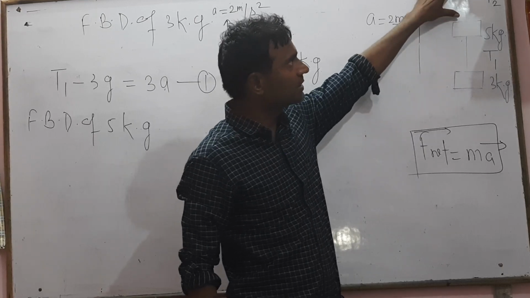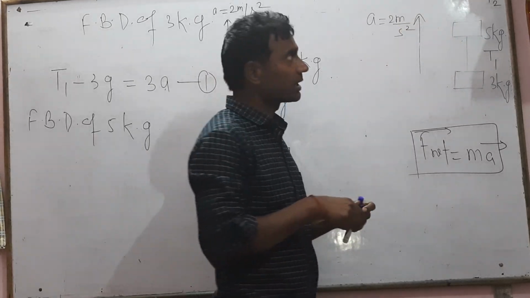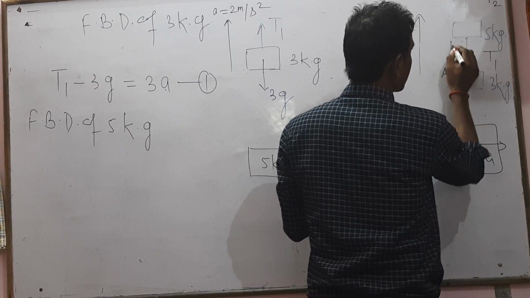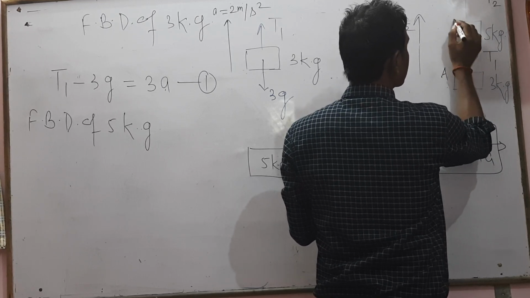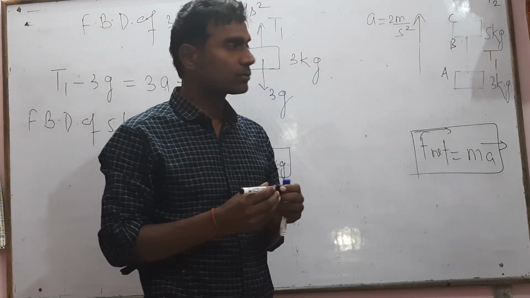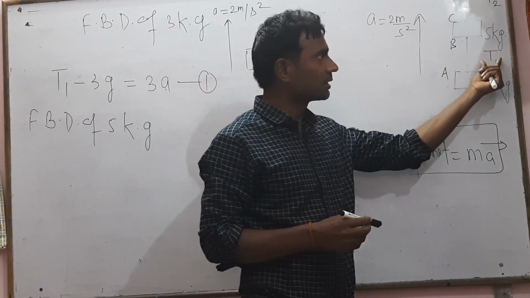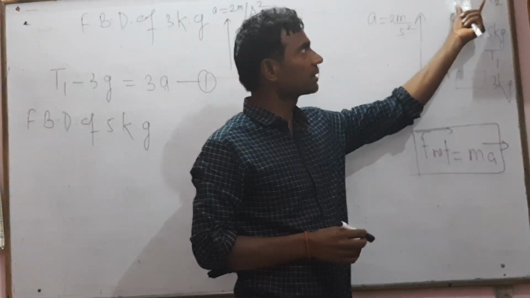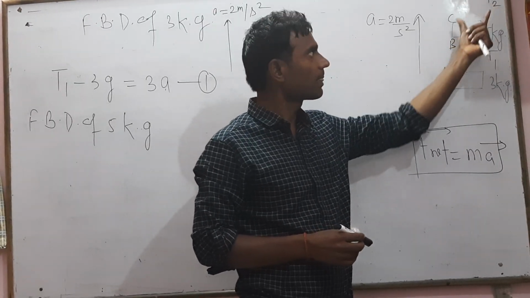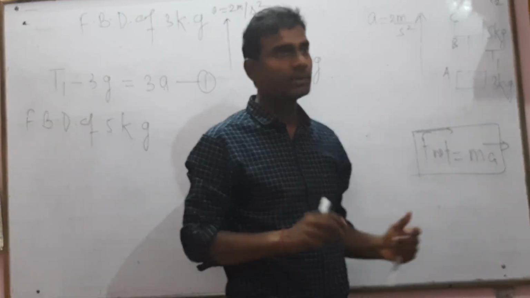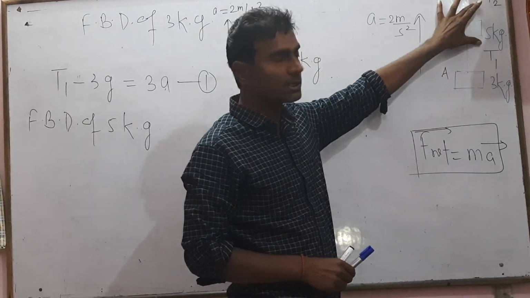Let us suppose this portion is A, B, and this is C, D. So in string AB, tension T1 exists, and in string CD, tension T2 exists. So for 5 kg, there are two tensions, first T1 and second T2.